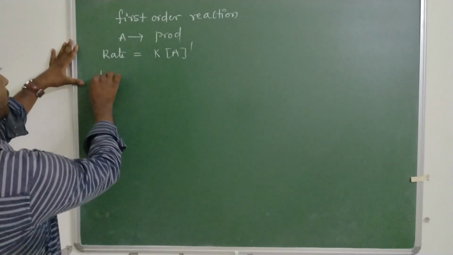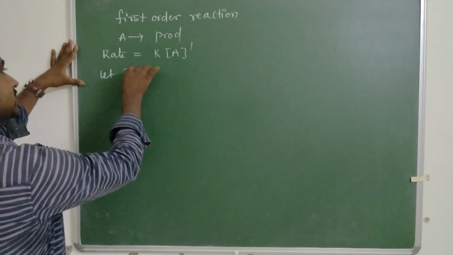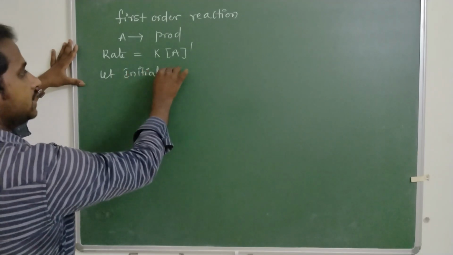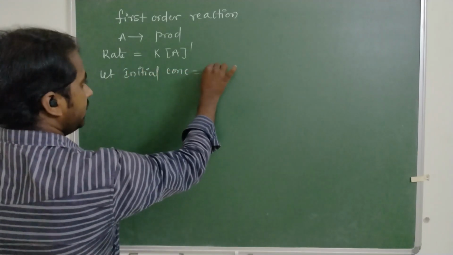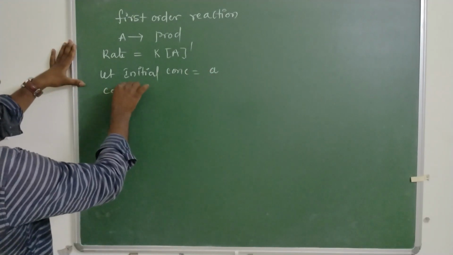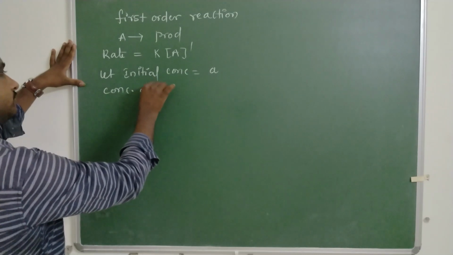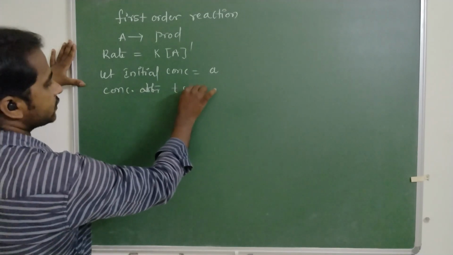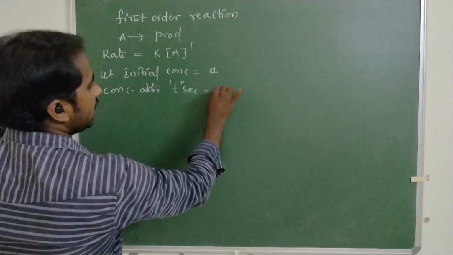Let the initial concentration be a. So the concentration after t seconds is a minus x.